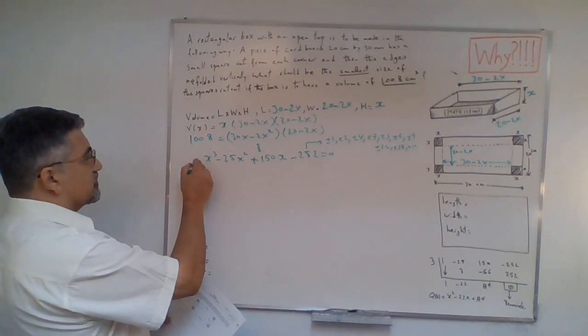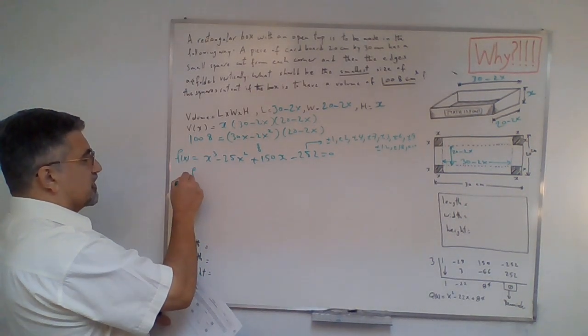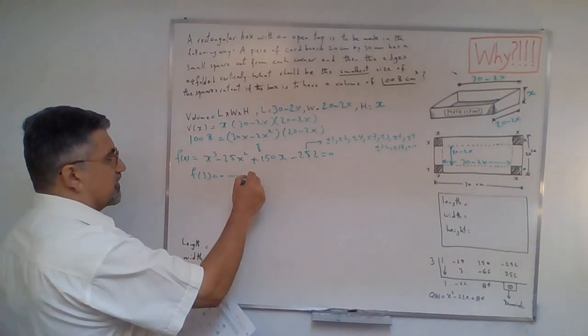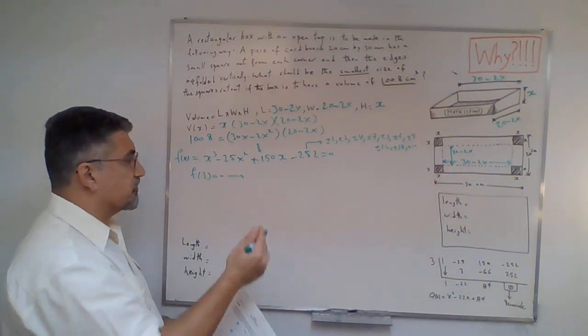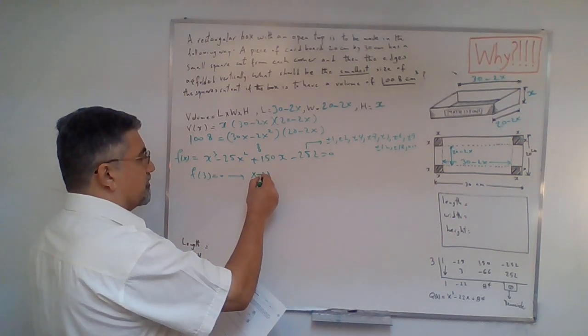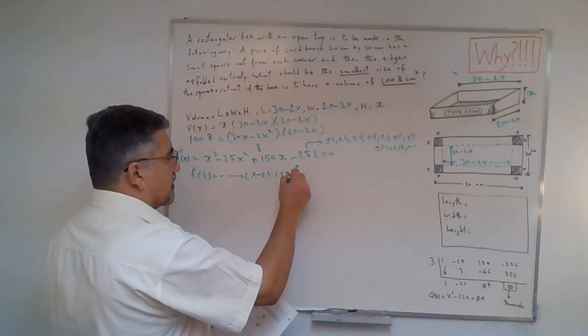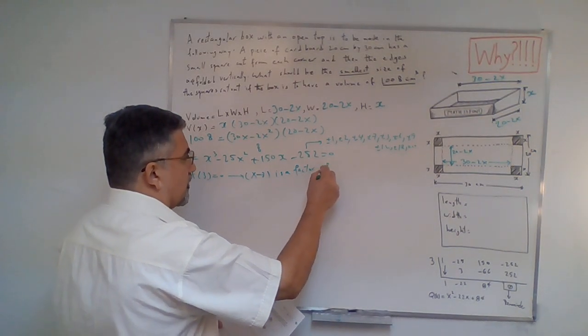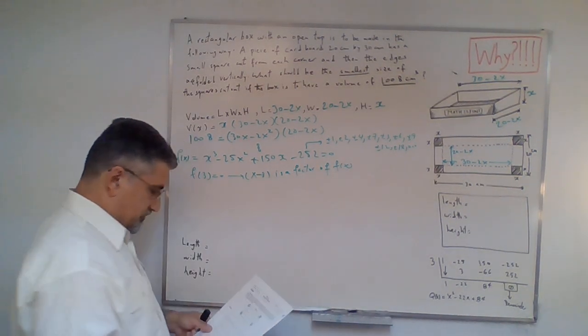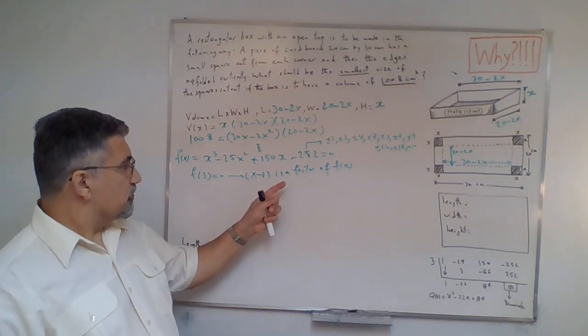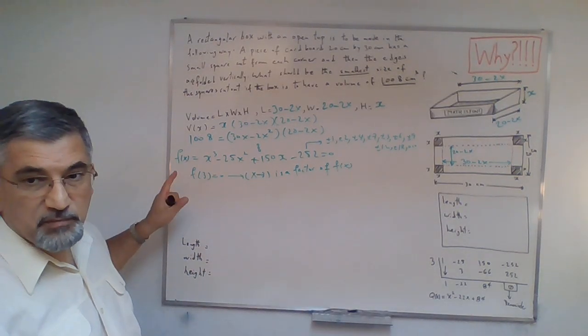Now, if this is your f of x, you try f at 3, and that would be 0. So x minus 3 is a factor of f of x. Okay, so we're going to divide by x minus 3.